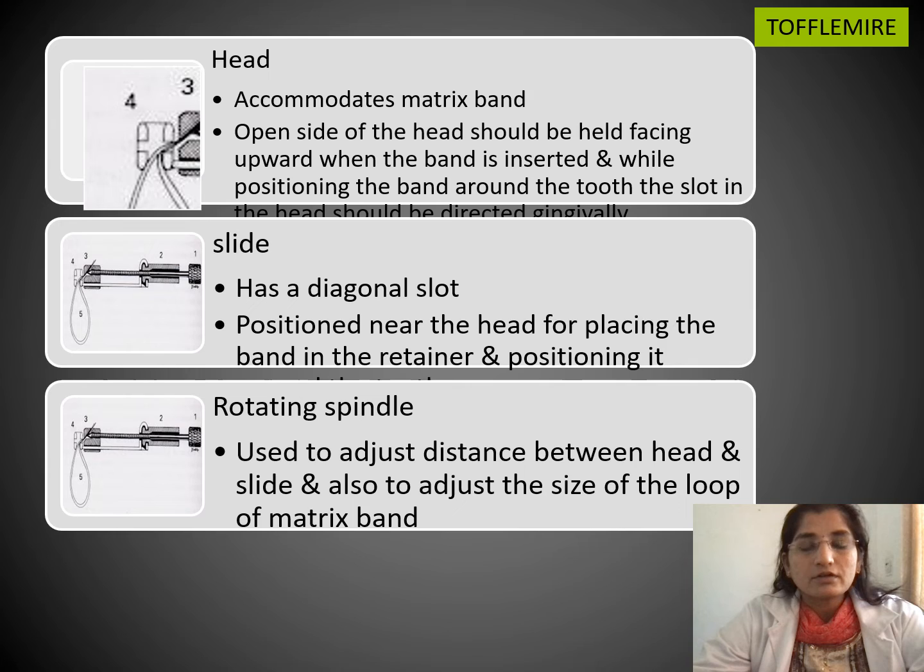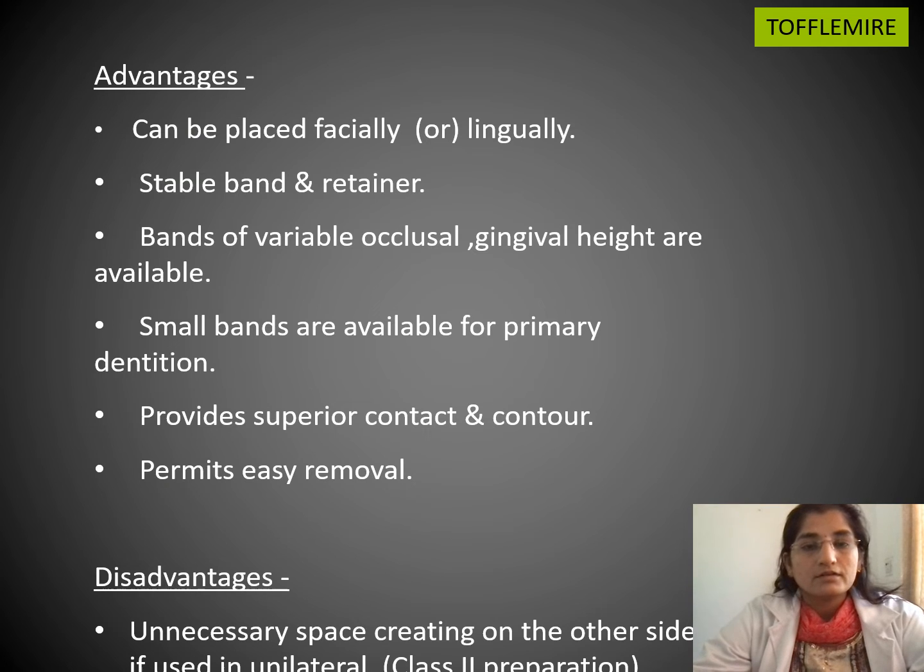Then the rotating spindle. The function of the rotating spindle is to adjust the distance between the head and the slide, and to adjust the size of the loop of the matrix band to that of the tooth. Coming to the advantages of the universal matrix system, it can be placed facially or lingually, and it is one of the most stable band and retainer systems.